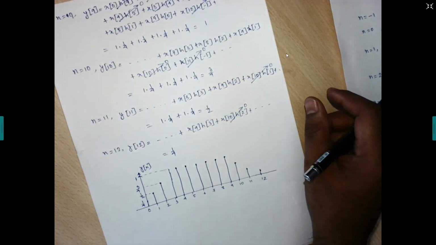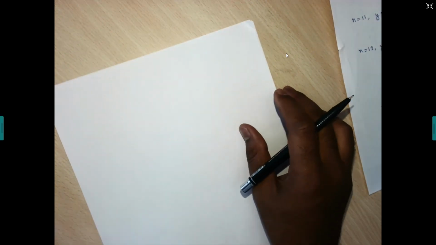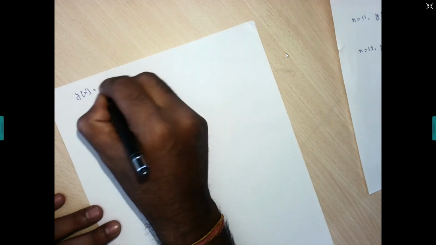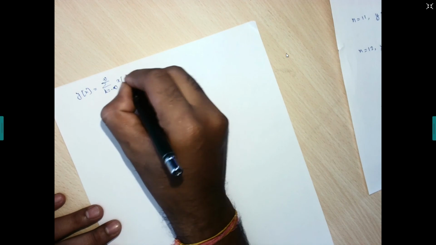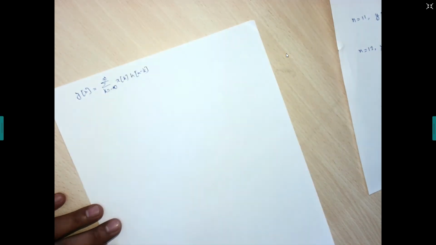Now if we go with another process, where we have been considering an intermediate signal w of n, k, let us consider we have been introducing an intermediate signal w of n, k, that is x of k, h of n minus k, right? So our y of n is summation from minus infinity to infinity of x of k, h of n minus k, right?